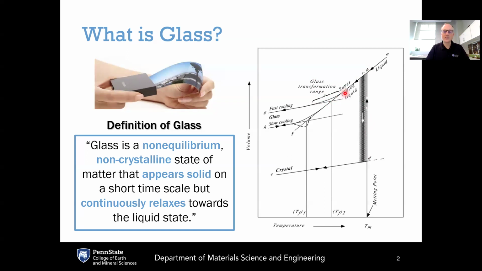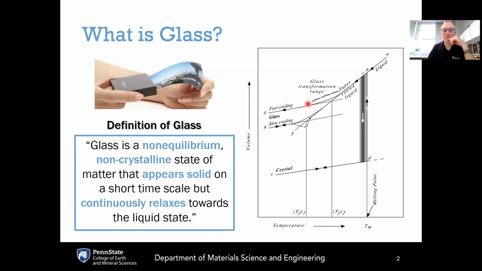So if you've got this disordered liquid structure of the supercooled liquid, and it's being cooled down, it's taking longer and longer for the atoms to be able to flow. Eventually, they become kinetically frozen into their liquid-like structure. As this gradual freezing in process happens, this corresponds to the glass transition range.